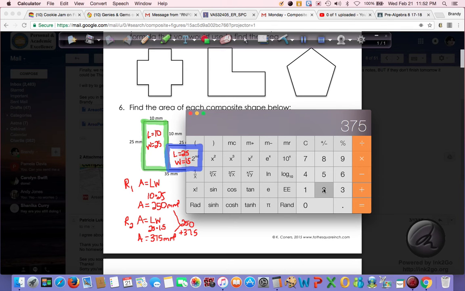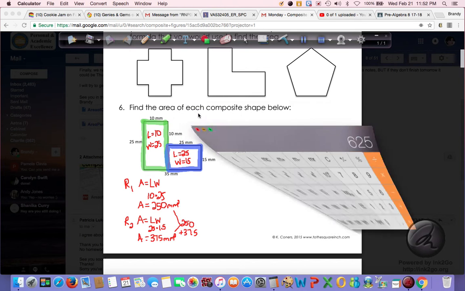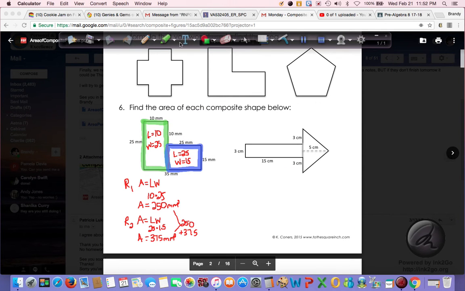We'll add in 250. 625. So the area of this shape, big area here, is going to be 625 millimeters squared. Do you guys see that? 625 millimeters squared.